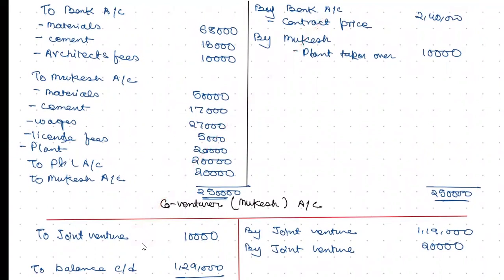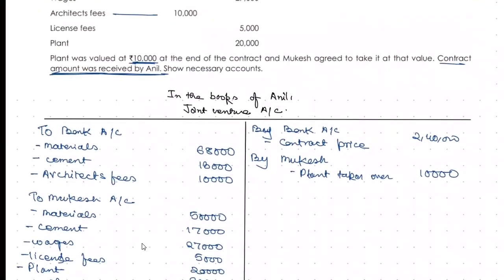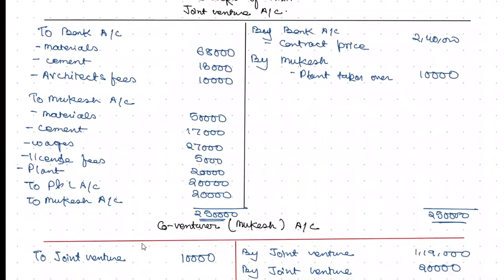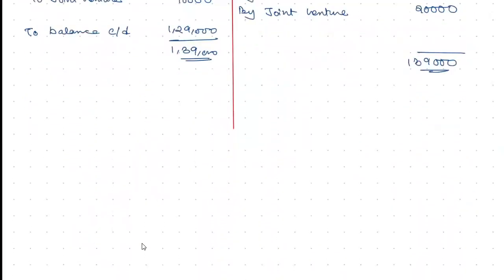Yes, sir. करूँ क्या? करूँ या आप लोग कर लोगे? कर लेंगे सर। कर लेंगे ना? चलिए, so I have done in the books of Anil. You just continue with the books of Mukesh, and move on to one more. This is memorandum.